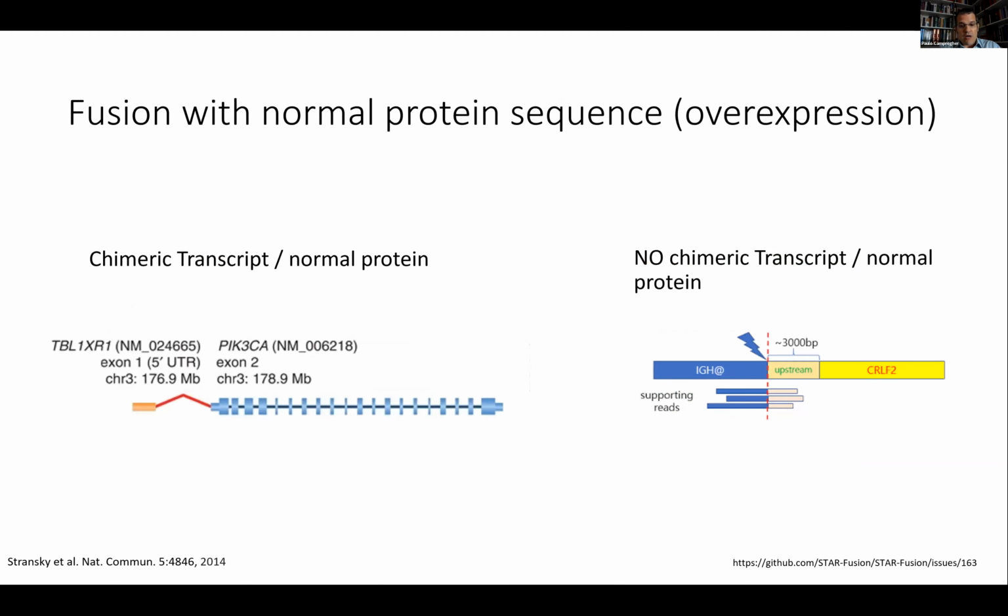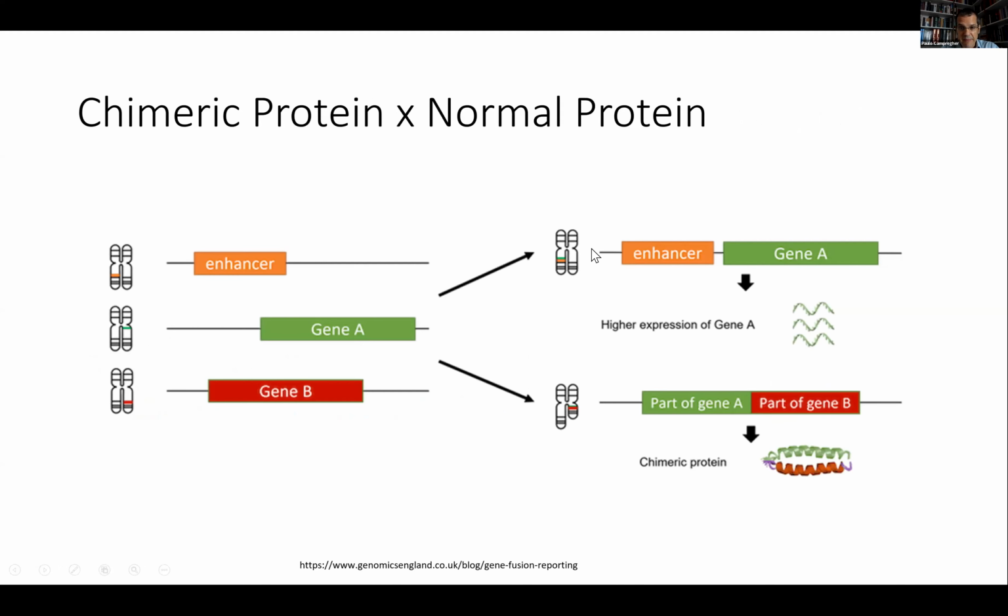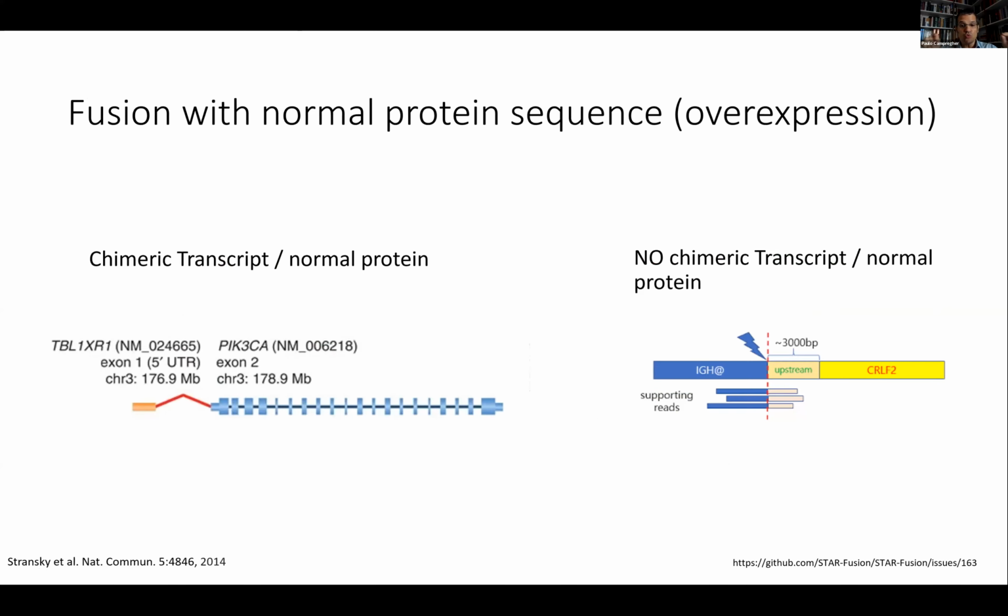But when we talk about normal proteins, I mean, when we talk about overexpression, let's say this mechanism, right? So when we don't have a chimeric protein, we still have two different flavors for this situation.